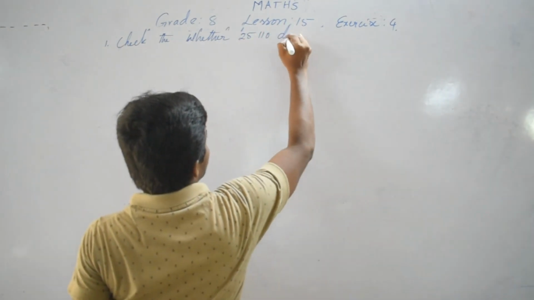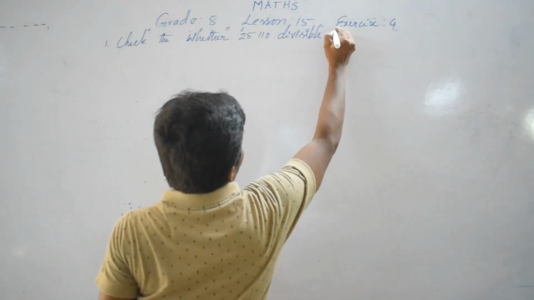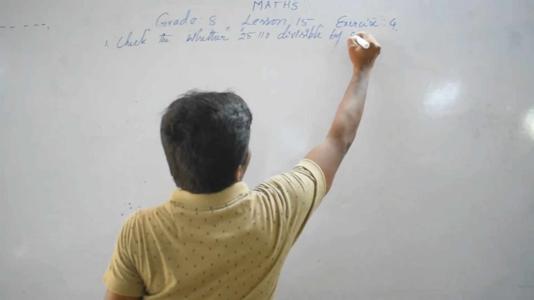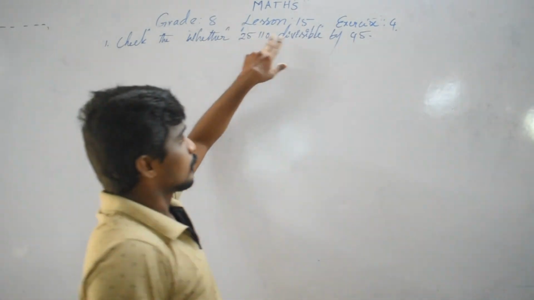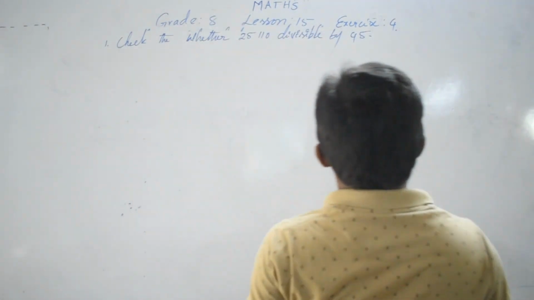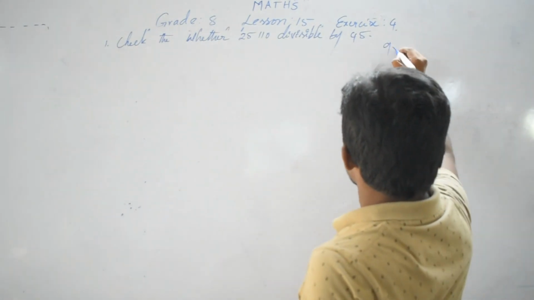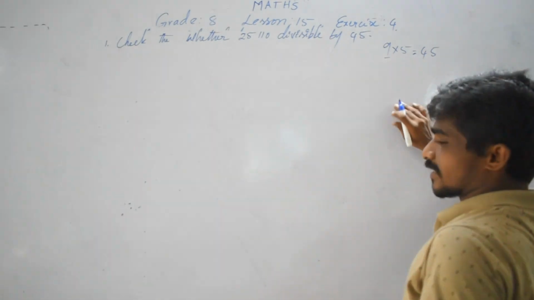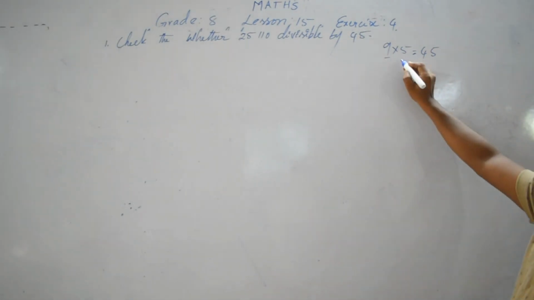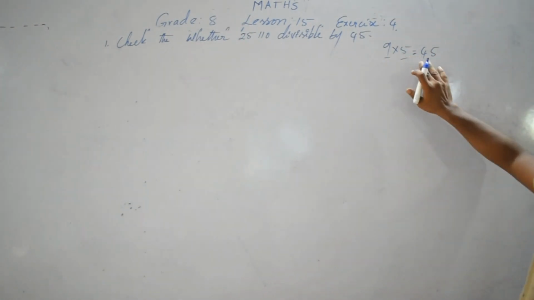So here, what is the 45 divisibility rule? 9 5s are 45. So a number that satisfies the 9 divisibility rule and the 5 divisibility rule.